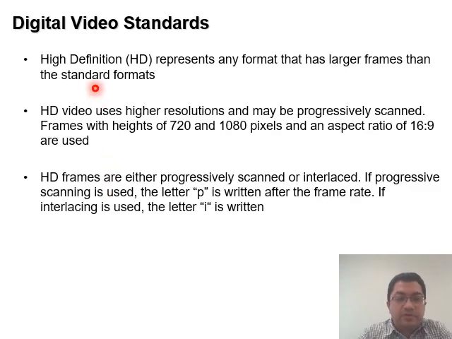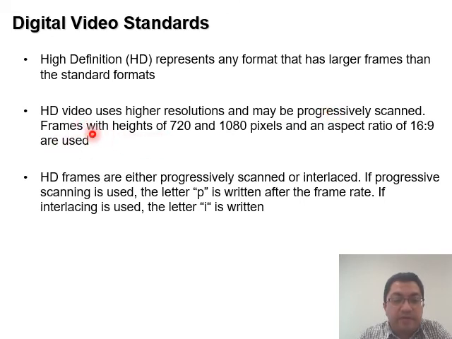Next, we talk about high definition, which we always see now in videos. So what does high definition mean? High definition represents any format that has larger frames than the standard formats. What do you mean by larger frames? High definition videos use higher resolution and may be progressively scanned. They don't need to do the interlacing thing.